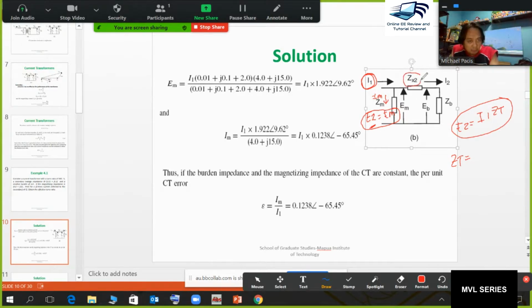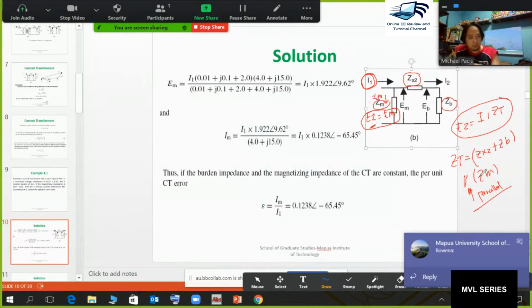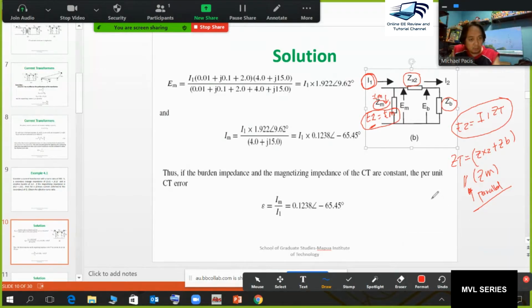Given ZX2, given ZB, and given ZM, it's pretty clear that ZX2 plus ZB is in parallel with what? ZM. So this is called parallel. When you say parallel, it means that it's the product over the sum, right?